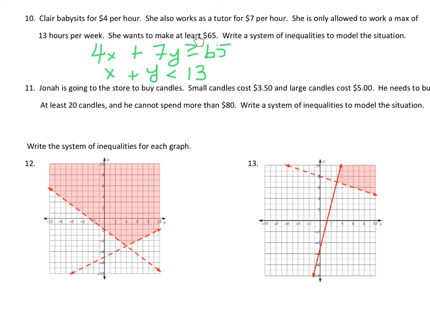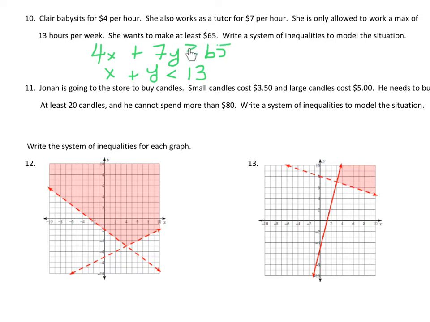So what at least means is that she wants to make $65 or more than $65. So if we ever see the words at least, that means that's the minimum, and then we want to make more than that.